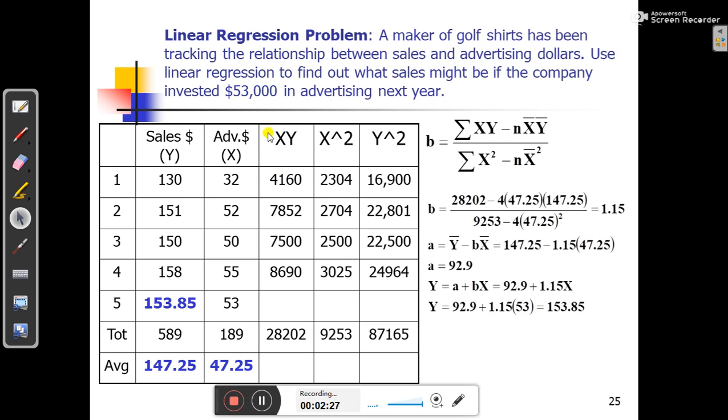Here you can see a maker of golf shirts has been tracking the relation between sales and advertising dollars. Use linear regression to find out what sales might be if the company invested 5300 in advertising next year.